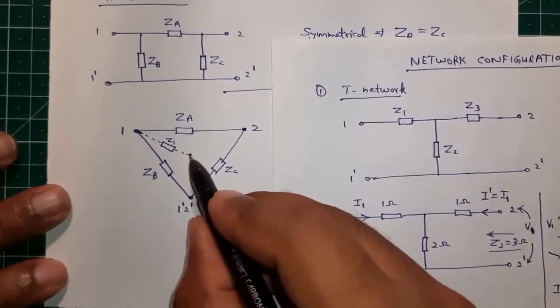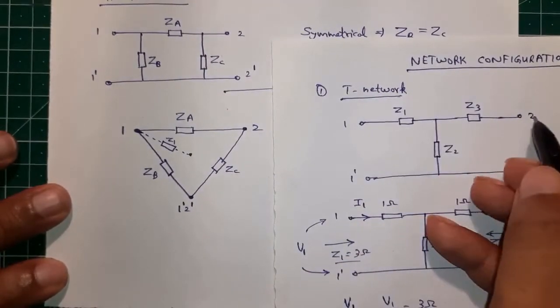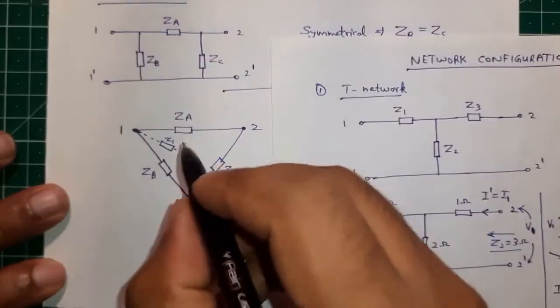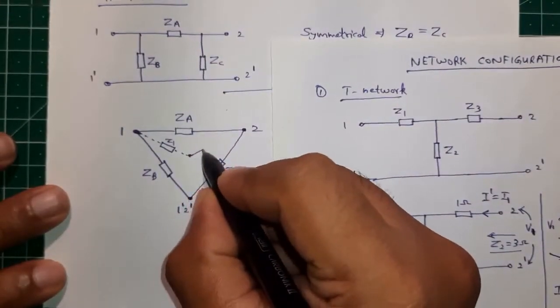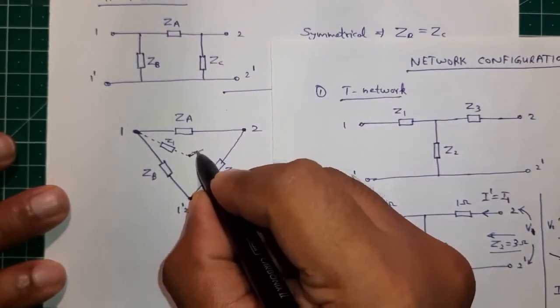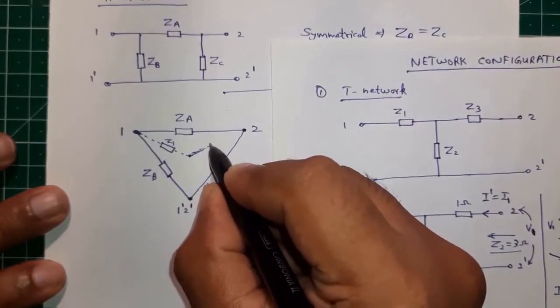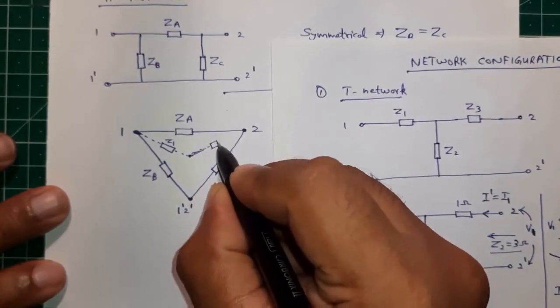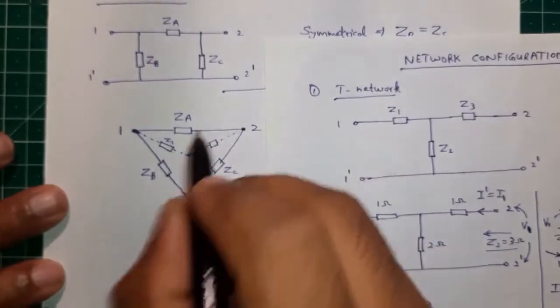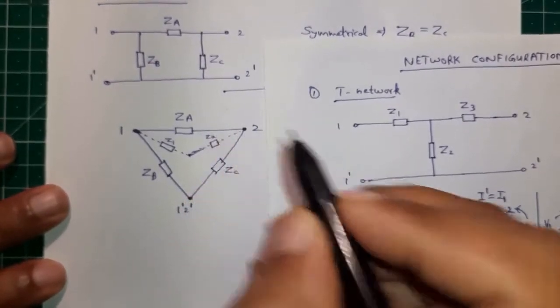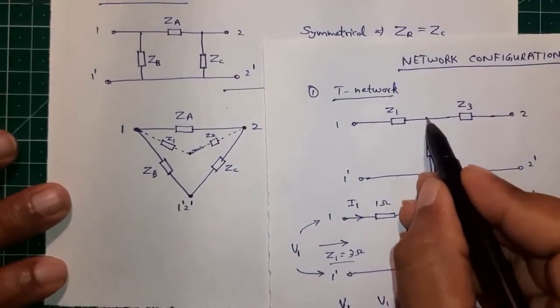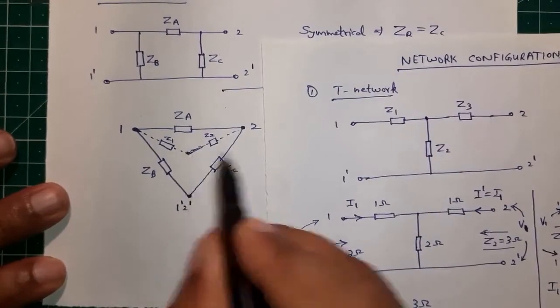And from the intermediate point, Z3 is going to terminal 2. So Z2. Okay, so this is the intermediate terminal.